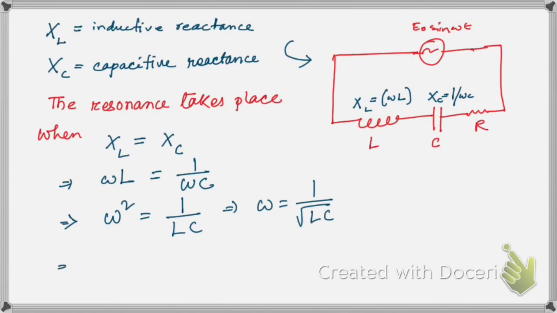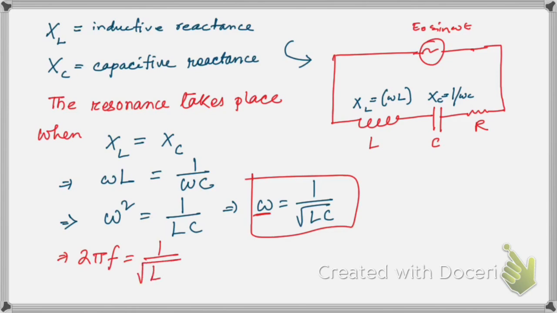We know that f is equal to omega by 2 pi, right? If you use this value, then what you will get, f is equal to... let me show something here. This omega can be replaced by 2 pi f, right? 2 pi f equals 1 by root over LC.